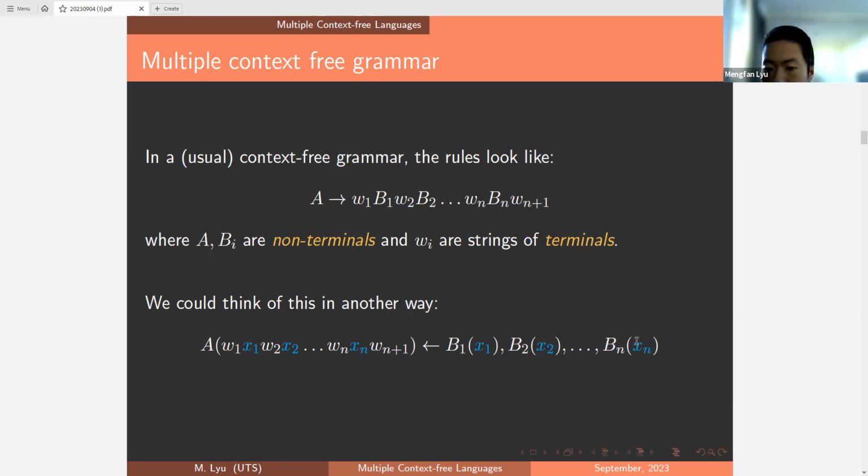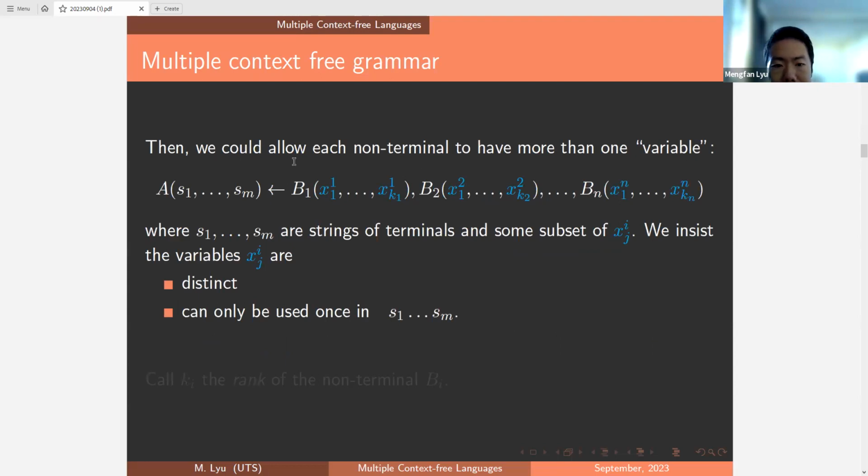If we translate this rule into this form, then there is a very natural generalization, which means that all these functions are not necessarily of one variable. There can be multiple variables for each function, and that is the generalization to multiple context-free grammar.